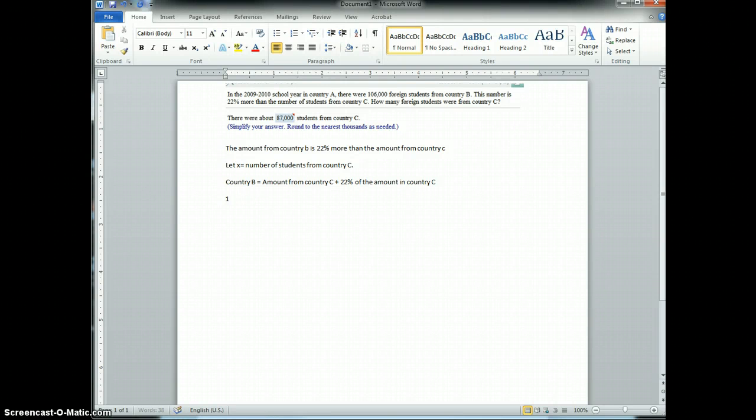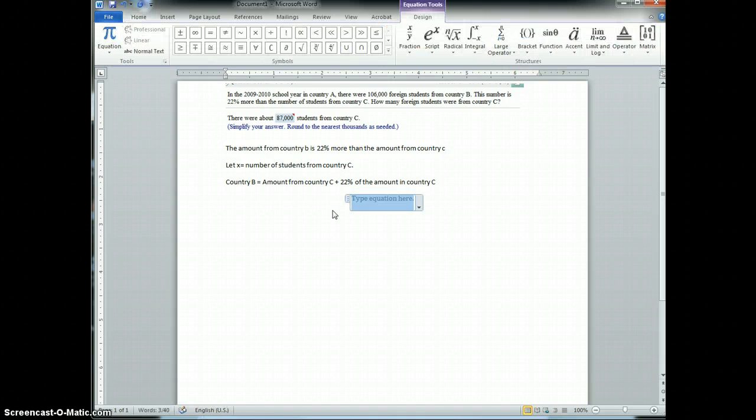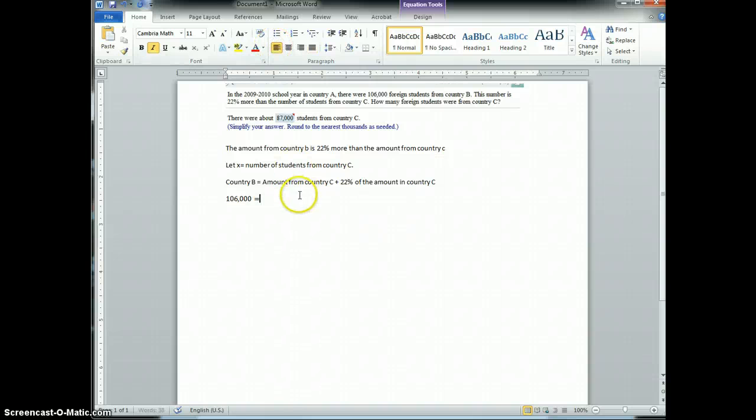I'm going to do this in the equation editor. Give me just a second. So it's going to be 106,000 is equal to what's the amount from country C? We said that value is x, right? Plus, and now let's take a look at this, 22% of the amount in country C. How do we write 22% as a decimal?